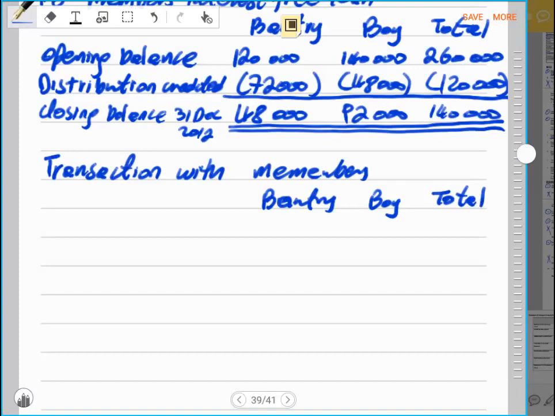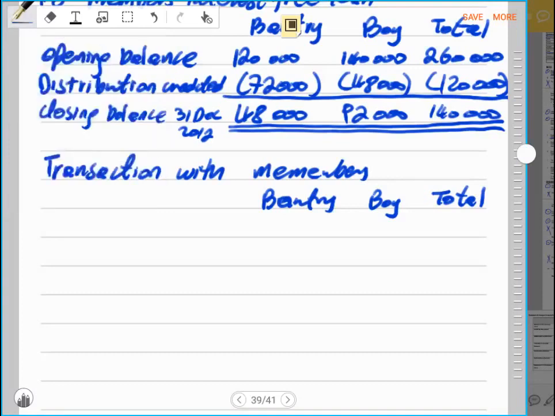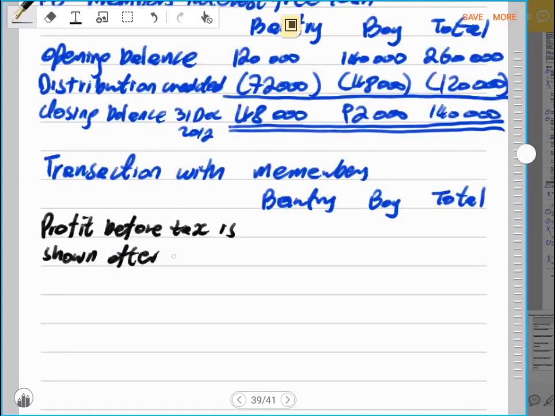Please have this sentence memorized somewhere in your mind, which says: profit before tax is shown after the following transaction with the members.